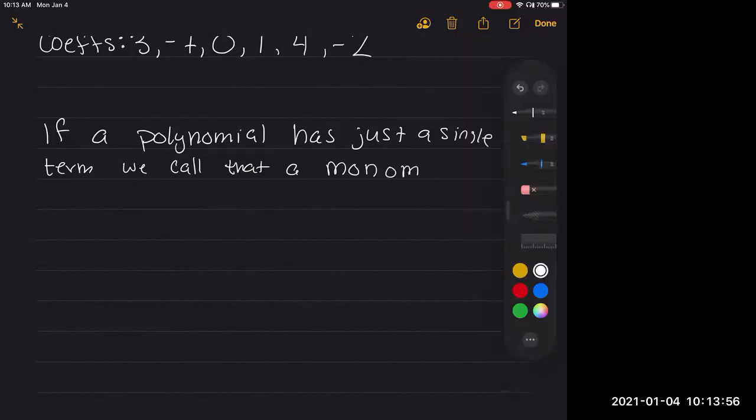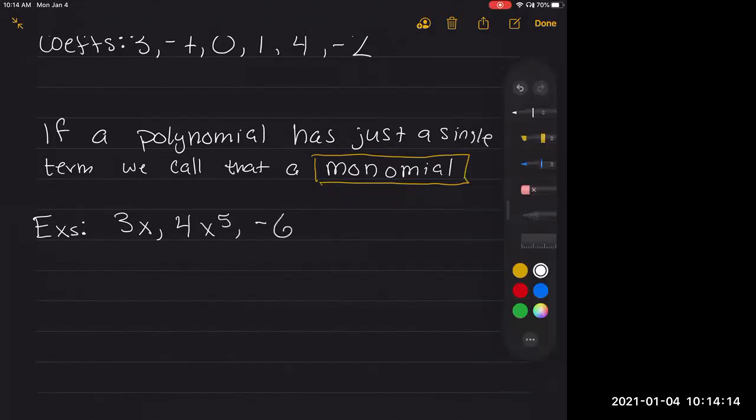Mon for like one. Line that in yellow. Okay, and some examples of monomials are 3x, or x to the 5th, just the number minus 6, or something like 47x to the 9th.